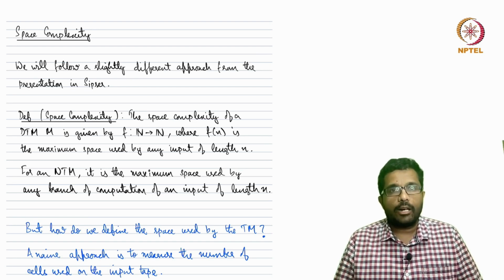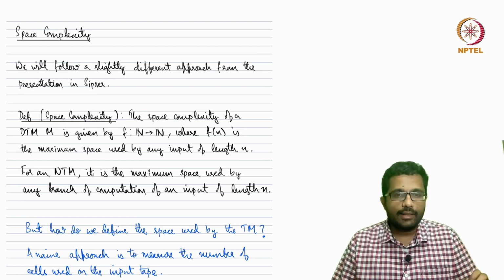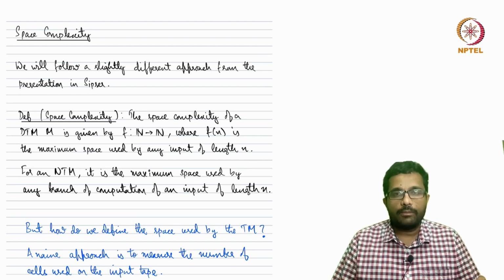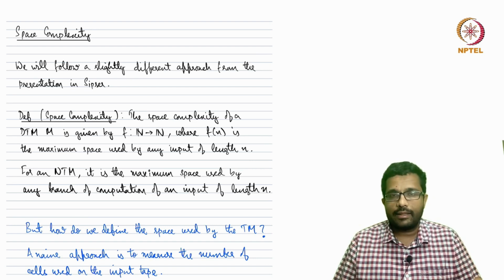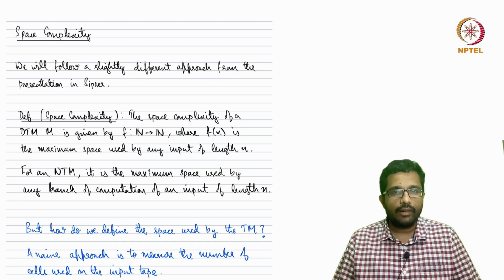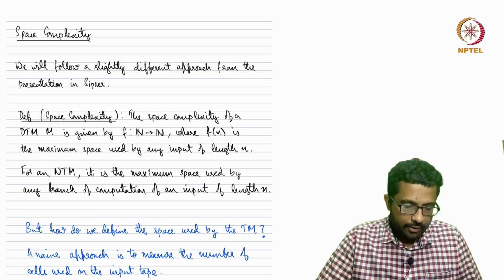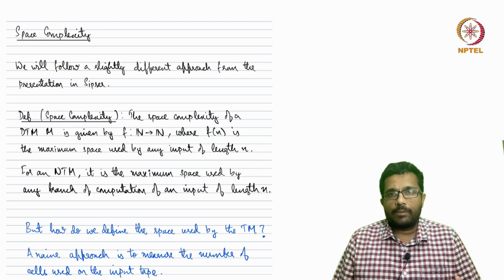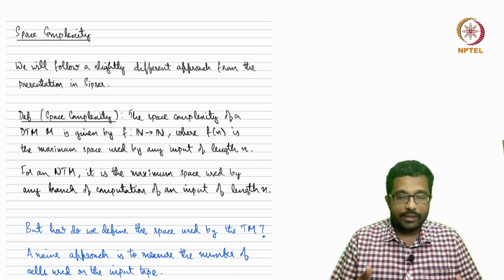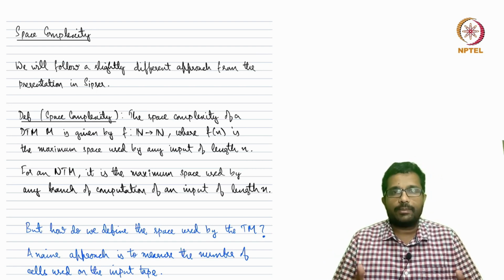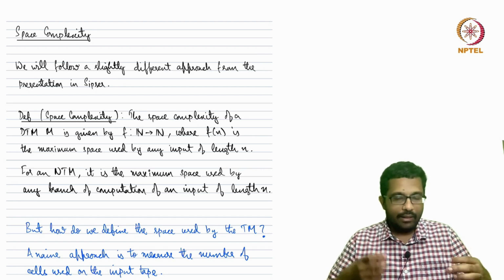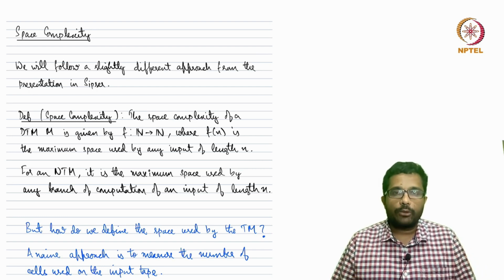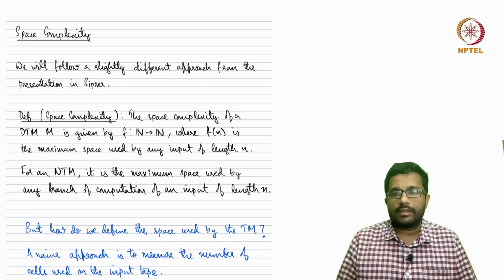So space complexity is about understanding or classifying problems based on how much space they require. So first of all, let's define what is space complexity, and then later we will see complexity classes based on space requirement, and then we will see different computational problems, where they get placed, in which complexity class, how much space they require, etc.